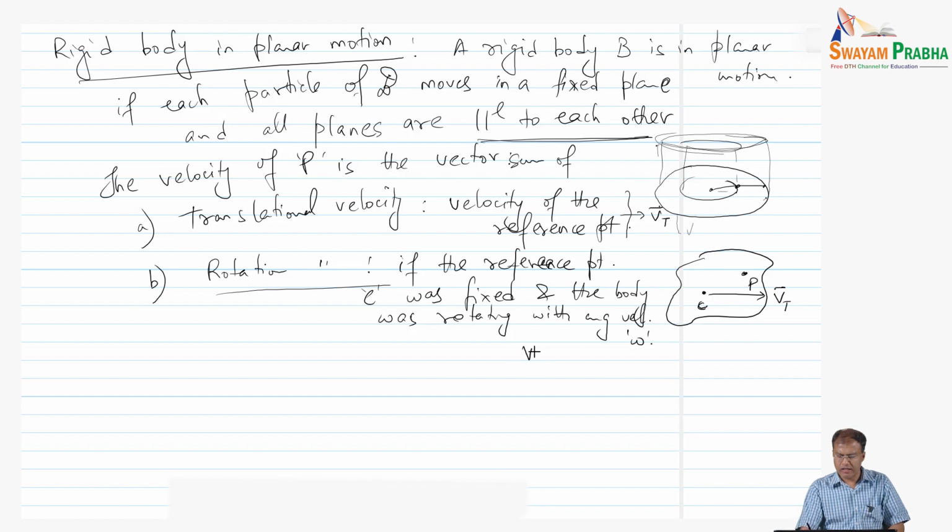Let us say that this is Vr. So the net velocity of the particle is going to be Vt plus Vr. I think a more sensible notation should be Vc plus Vr, where Vc is the velocity of the reference point.